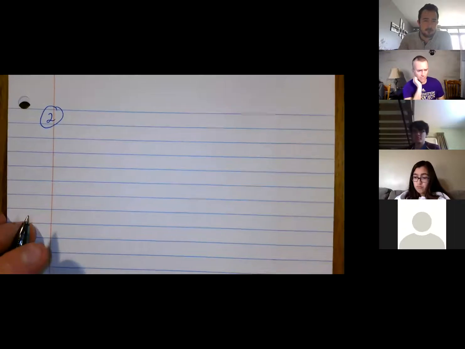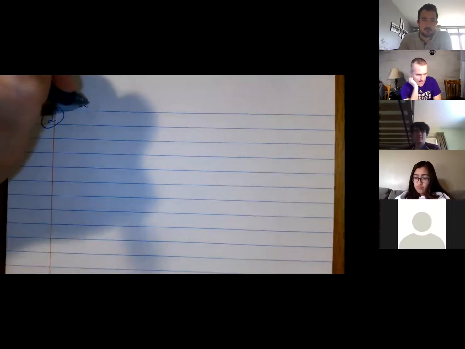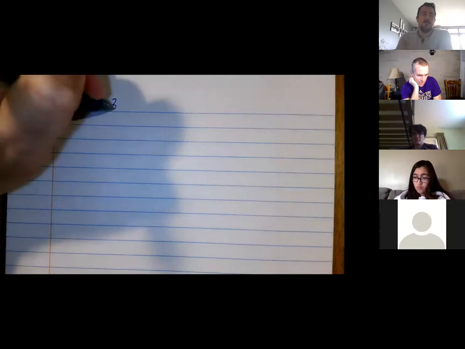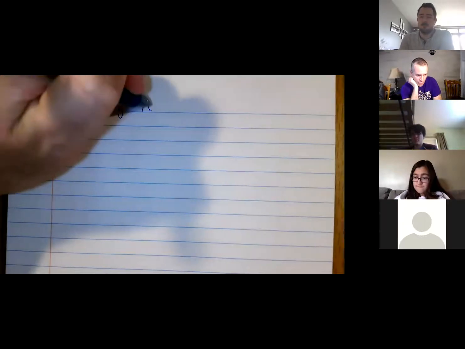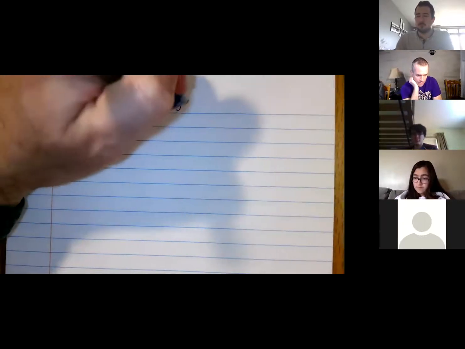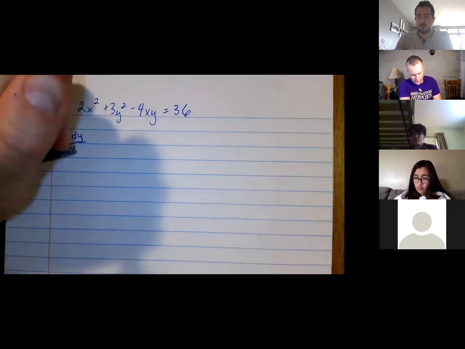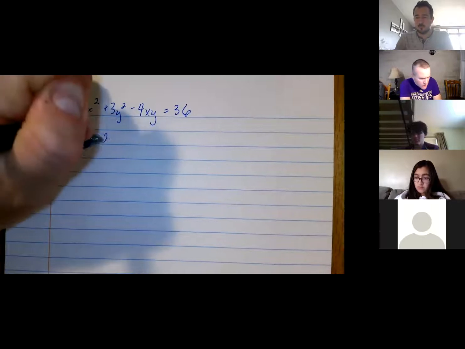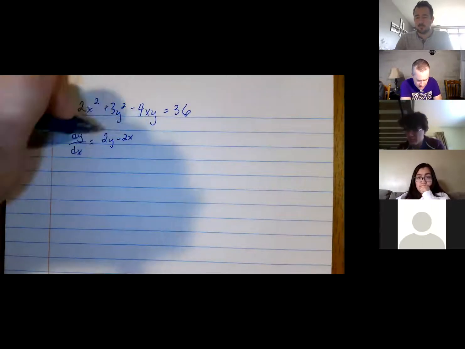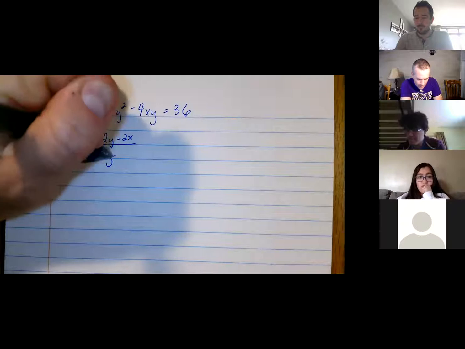But all right, so question 2 says, consider the curve defined by 2x squared plus 3y squared minus 4xy equals 36. And A says, show that dy/dx is (2y minus 2x) over (3y minus 2x).